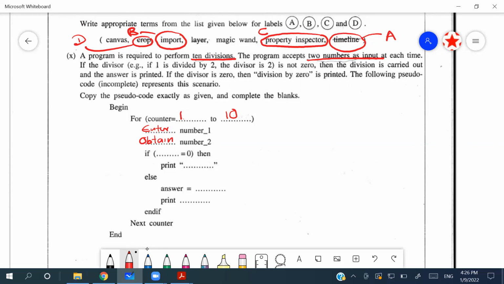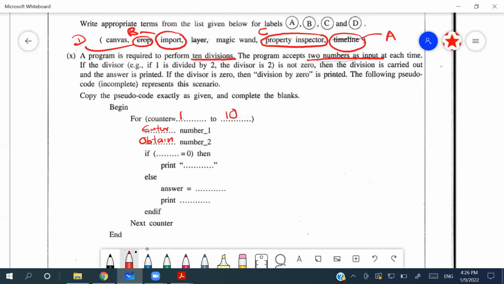Then first you have to check whether the divisor, that means the second number, is equal to 0. Because it says if 1 is divided by 2, the divisor is 2. That means the second number that you input is the divisor.